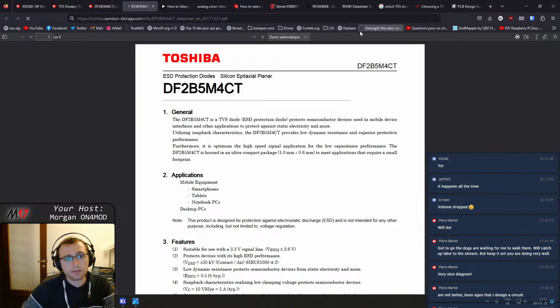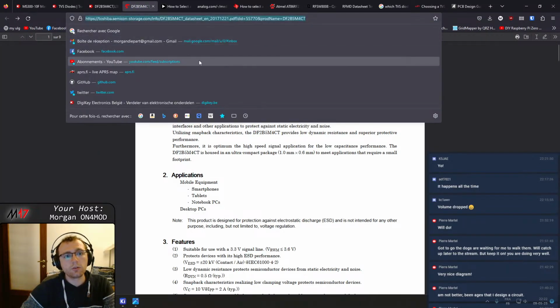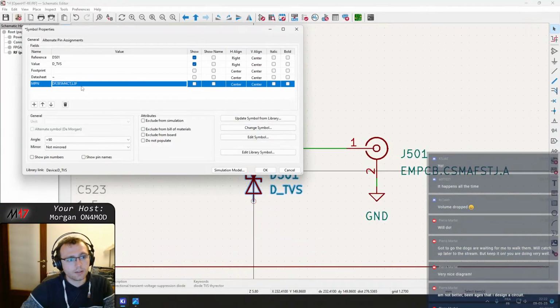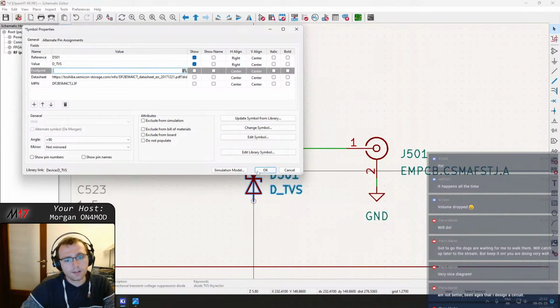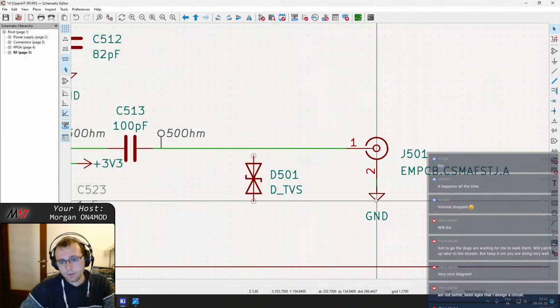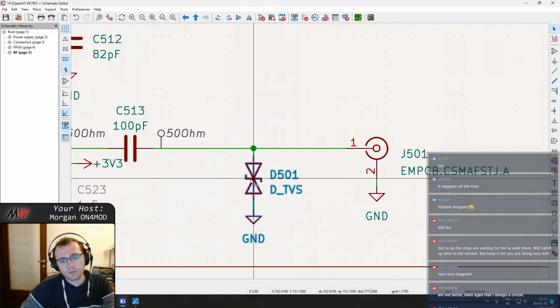Do we need that? That's weird. Okay, well, anyway, datasheet, that's this one. Okay, we need to connect it to the ground, connect it to the line we try to protect.